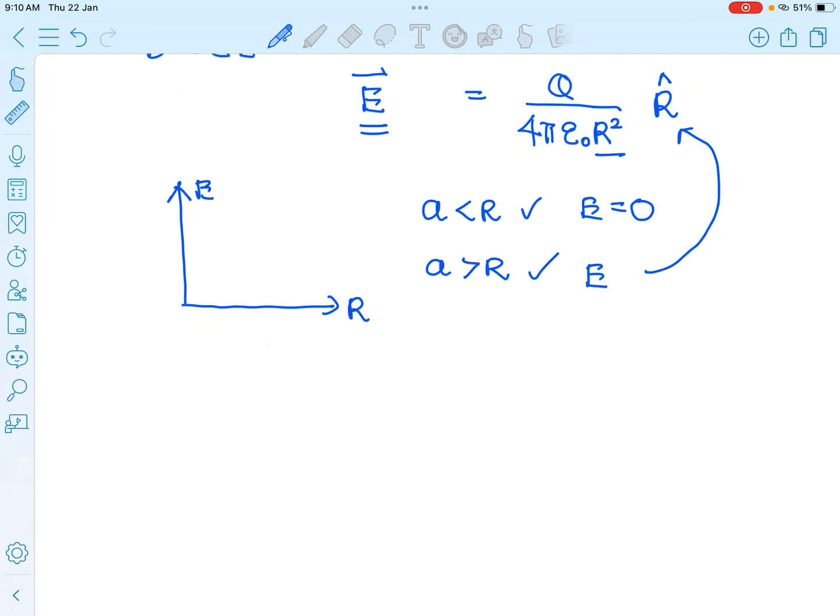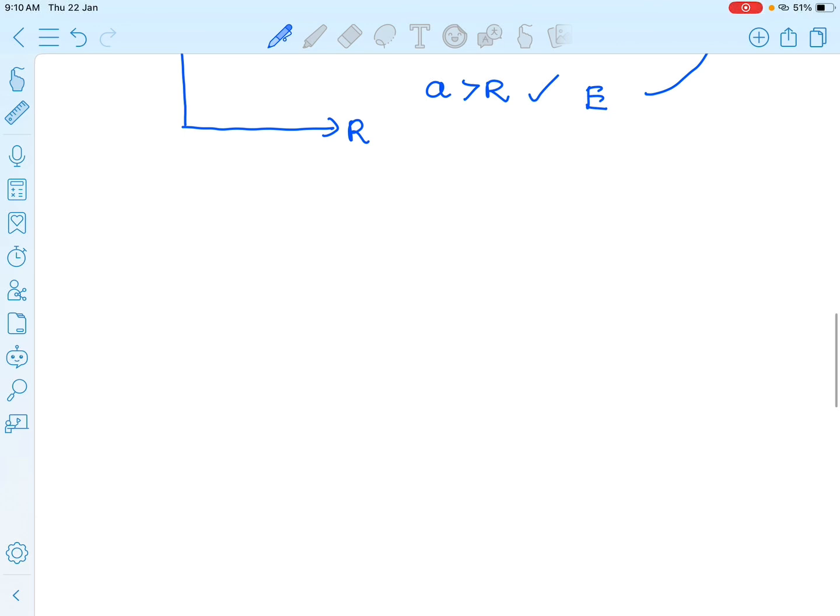When it comes to plotting, we can put a graph here. This is our electric field and this is our R. Over here I will mark A, because A is the transition point to have a different electric field.